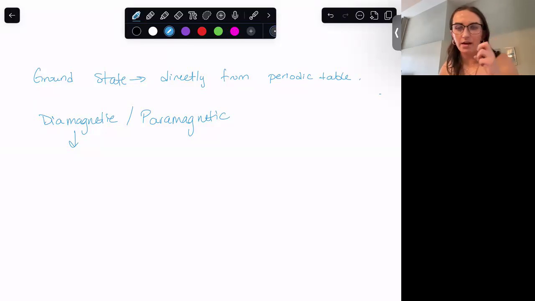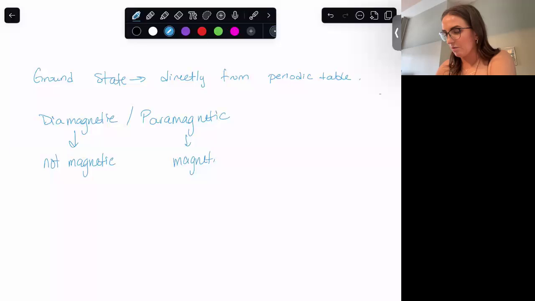Which one acts as a magnet? Dia or para? Good. So diamagnetic means not magnetic. Para means magnetic. And what we're looking for is that not magnetic has paired electrons, where magnetic has unpaired electrons.